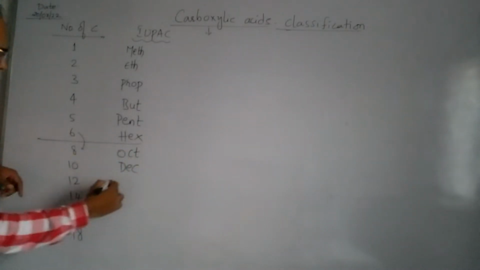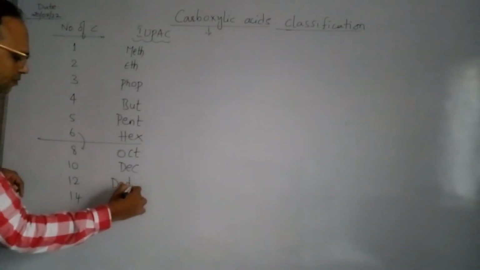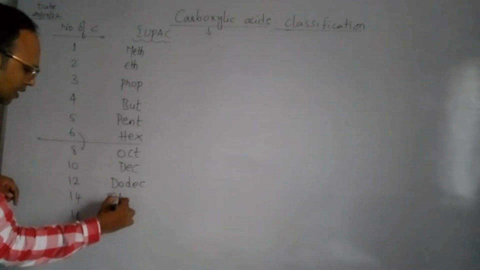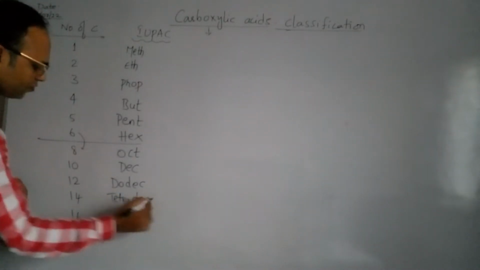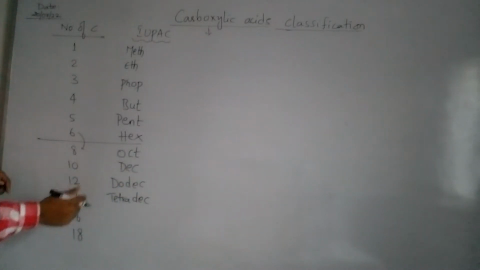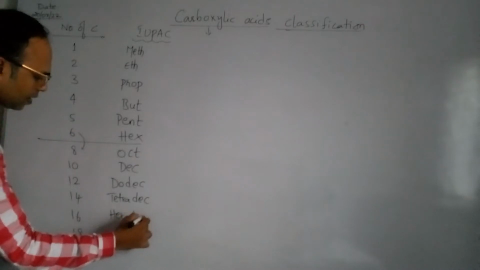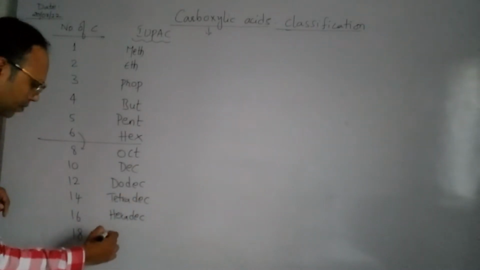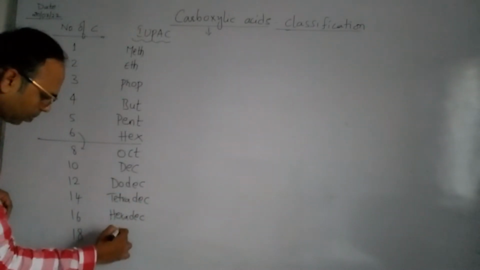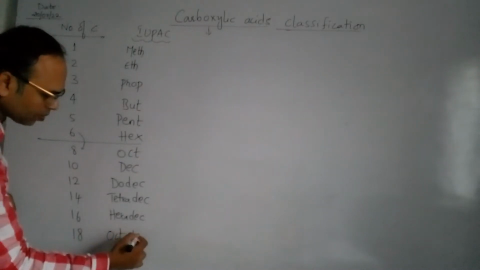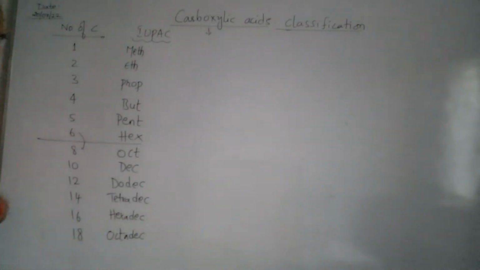Next, dec, 12 is dodec, 14 is tetradec. You know, tetra is 4 and dec is 10, so 14 is tetradec. Similarly, hexadec, and 18 is octadec.